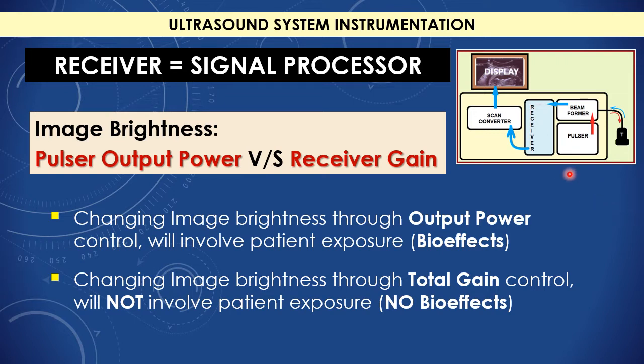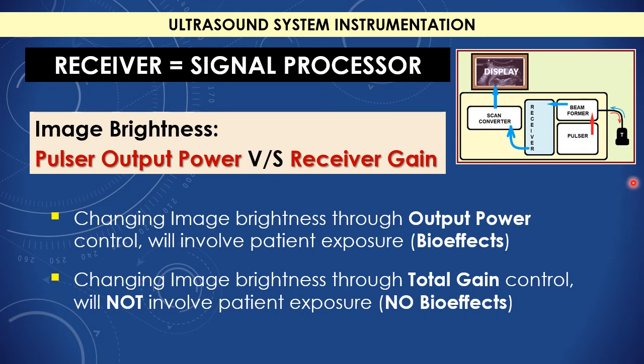To understand the pulsar output power, if you increase it, what happens? There is a higher voltage delivered to the transducer, higher output power, so the patient is exposed to high output power sound waves.